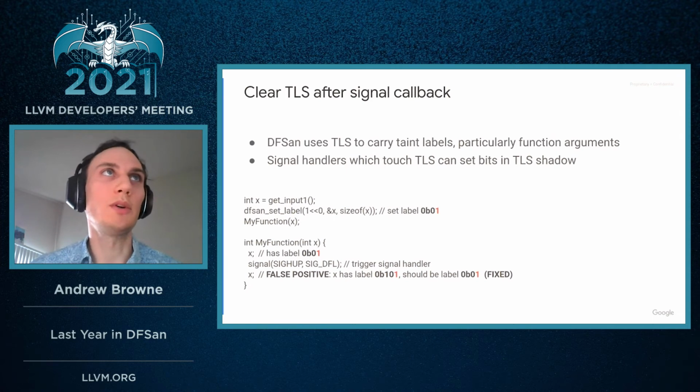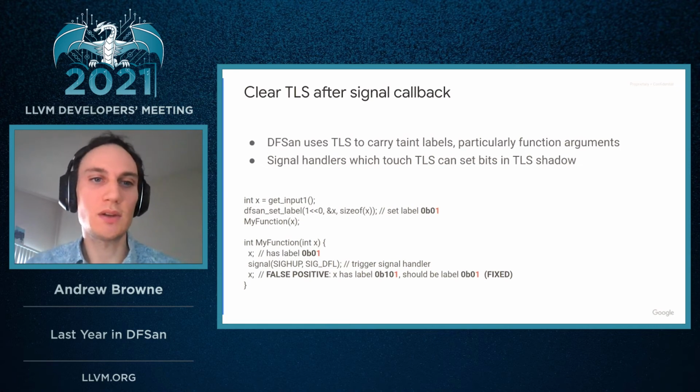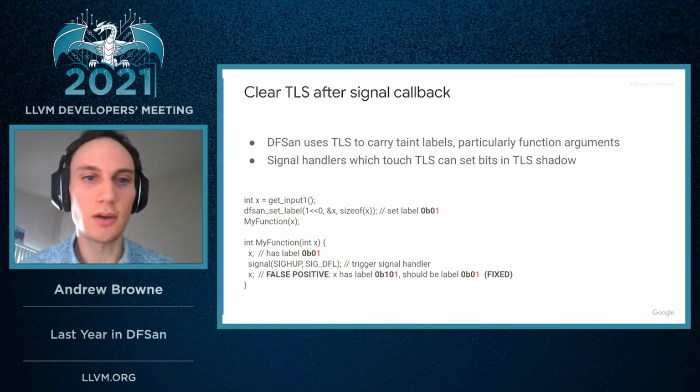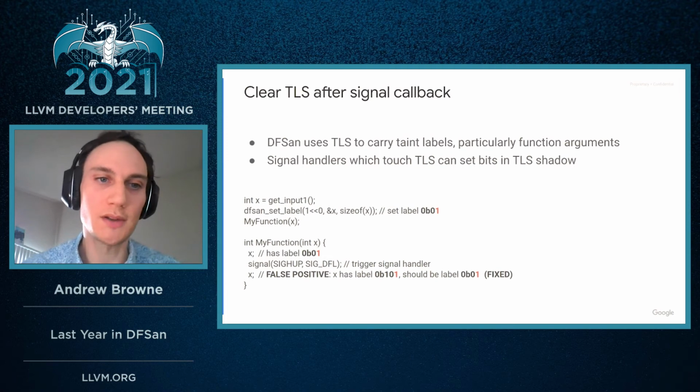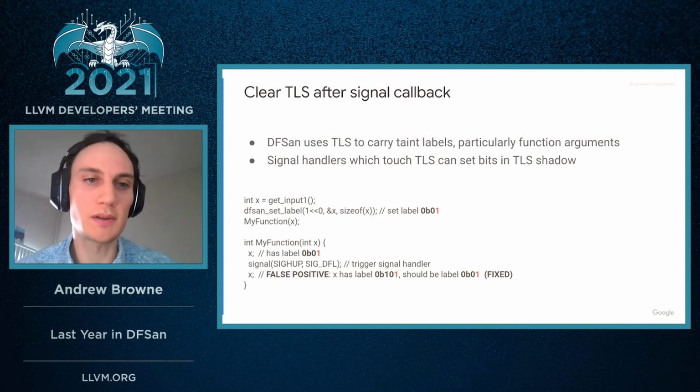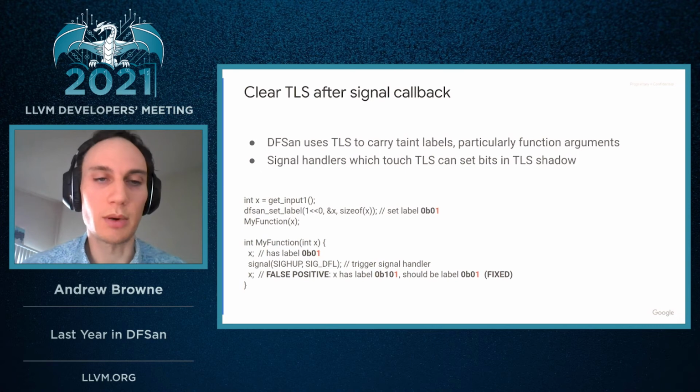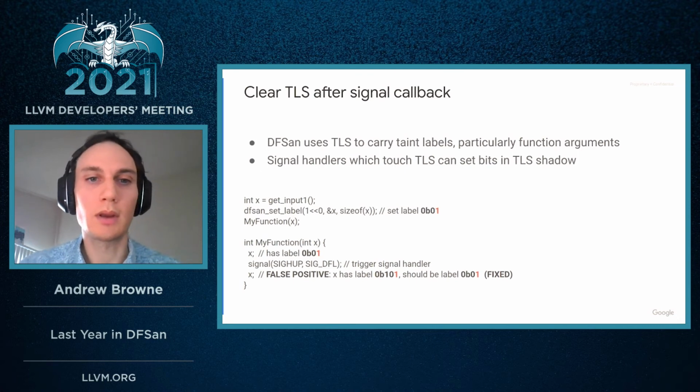A more subtle bug was needing to clear TLS after a signal callback. DFSan uses thread local storage to carry taint labels between functions. When a signal handler is run, the code inside the signal handler could also use TLS to propagate taint labels.